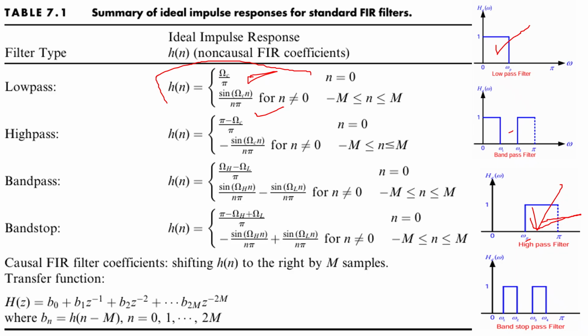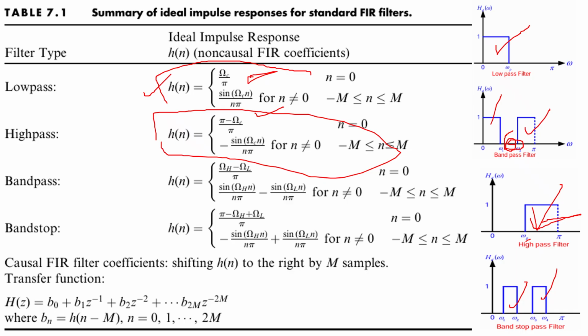And in this region it will not pass, this region will pass, and this region will pass, so this is the band stop type of filter. And here this band will pass in between omega 1 to omega 2 and omega 3 to omega 4, right? So this is the band pass type of filter. So for all these types of filters you can find the impulse response, and we have derived it for the low pass filter.